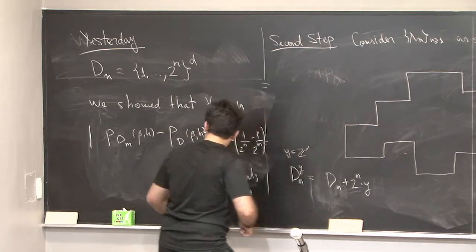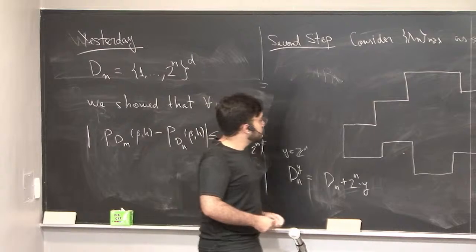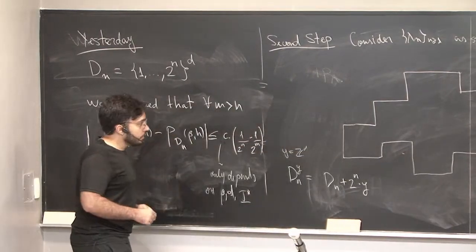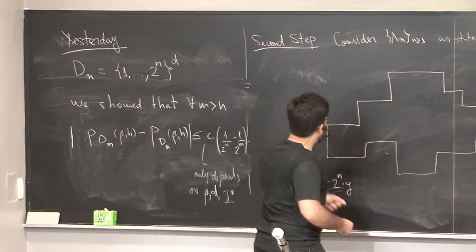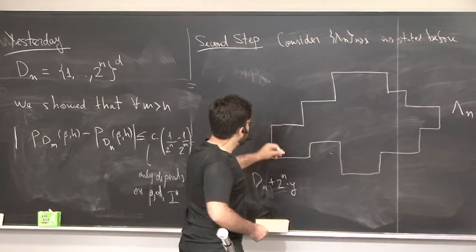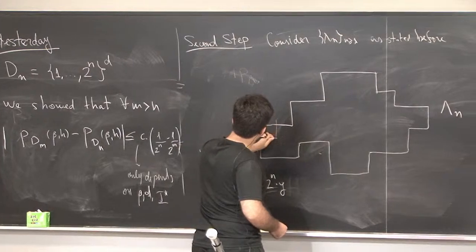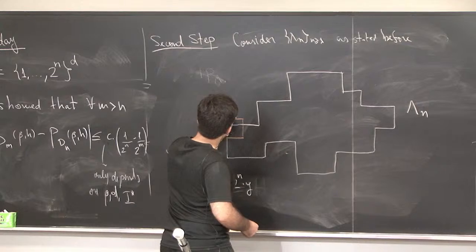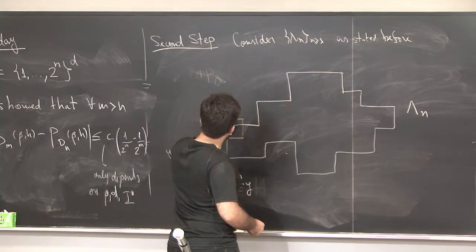So what we can do is to cover your set with cubes like this one, but in another scale. Let's say in a scale k.